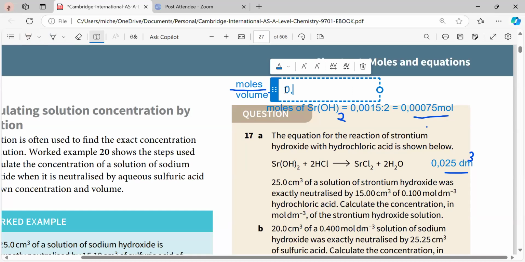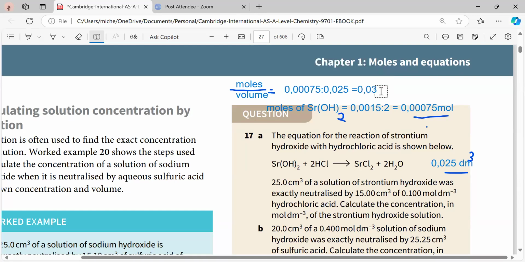So 0.00075, going to divide that by 0.025. Hold on, I'm just going to calculate this first. So 0.00075 divided by 0.025 would be 0.03.